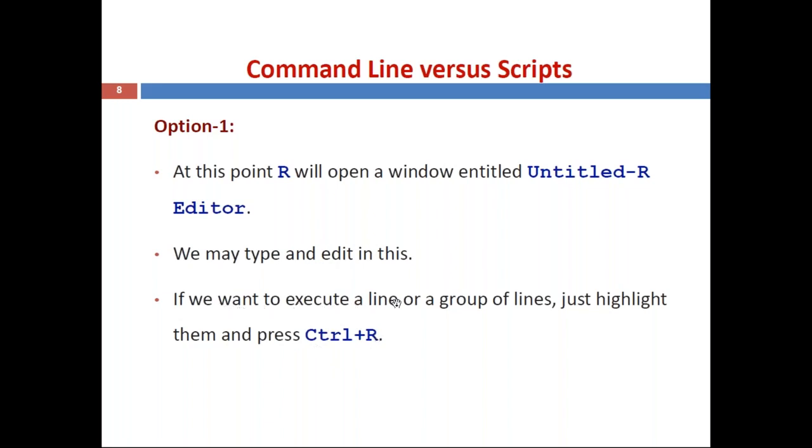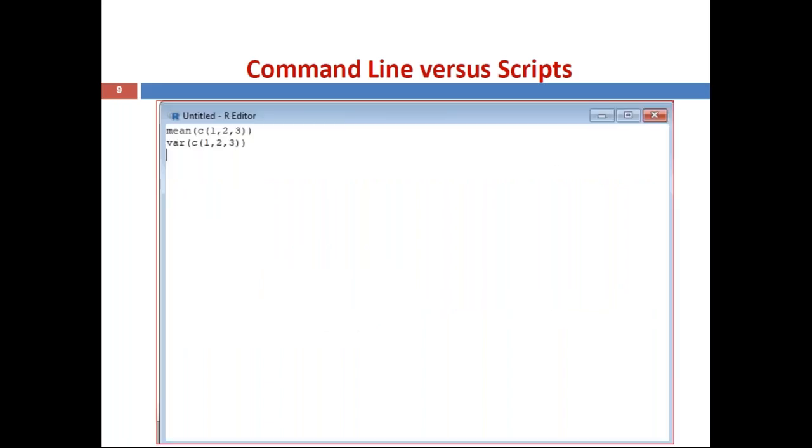So if you want to execute one line from the built-in editor, you can highlight that line, then press Ctrl plus R. Or if you want to execute multiple lines, select whatever statements you want, select all, highlight, then press Ctrl plus R. Like that, we can execute one command or multiple commands in the editor of R.